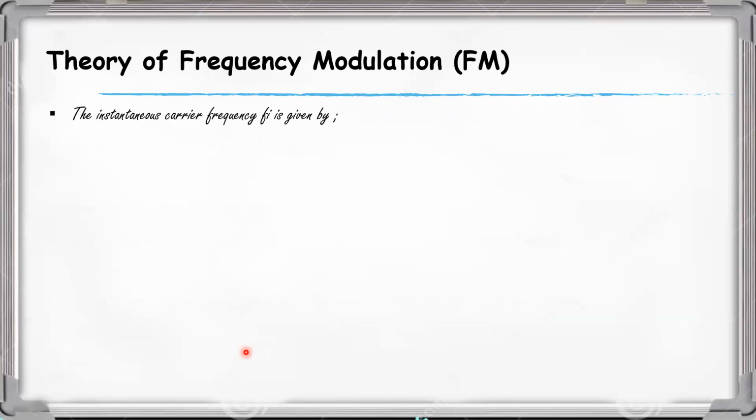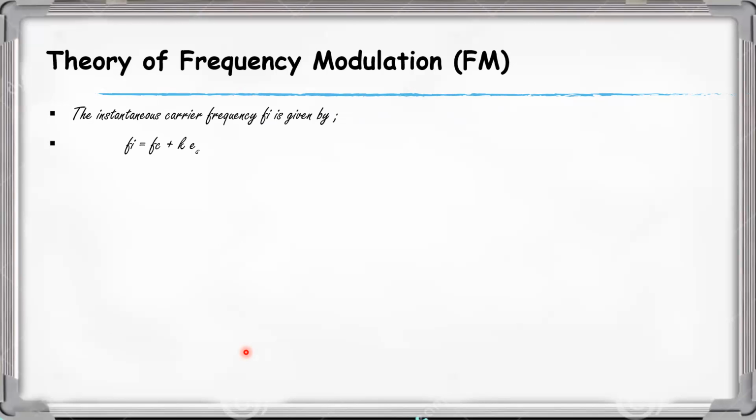The instantaneous carrier frequency can be written as Fc plus k es. Here in frequency modulation, the frequency changes, and Fc is the center frequency or the frequency of the carrier, and k es is the change in carrier frequency.